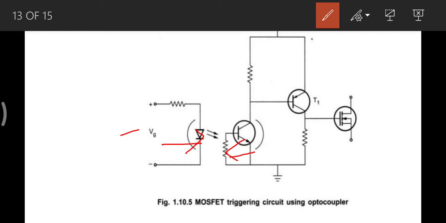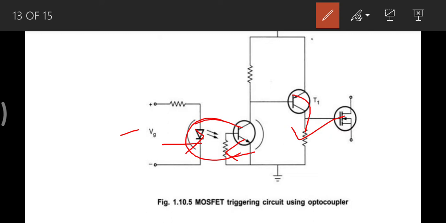The light generated by the LED falls on the photo transistor. Because of that light only this transistor turns on, sends the signal to the transistor T1, and from that it sends the signal to the MOSFET. Only then is the MOSFET turned on. So there is no direct electrical connection between the LED and the photo detector.